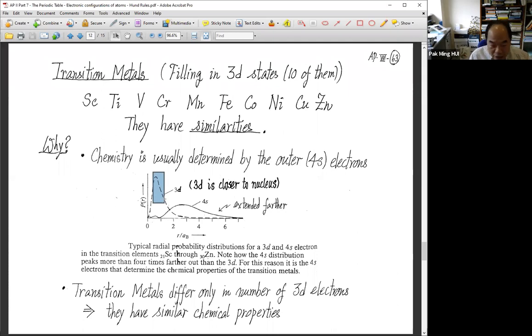The chemistry is controlled by the farther 4s state, because the farther wave function is the first one that can feel a second atom coming in.